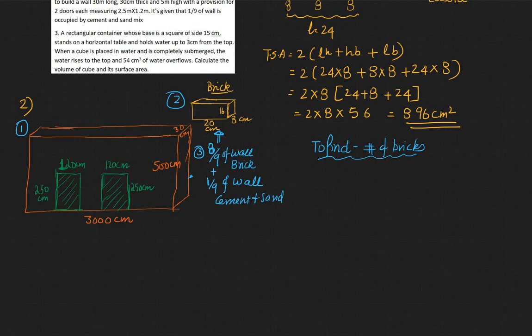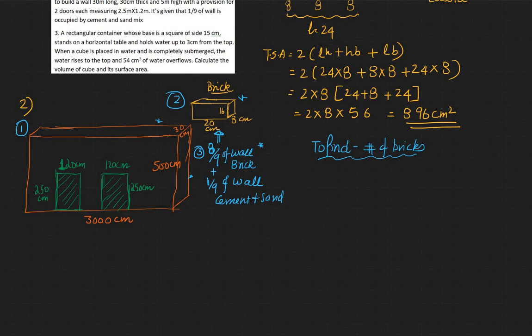So here is the given information decoded or written in the form of a picture. And what you can see is everywhere we have converted meters to centimeters for convenience, and represented all the information: the brick, the wall, and the fact that 1/9 of the wall is cement and sand. So we need to find the total number of bricks.